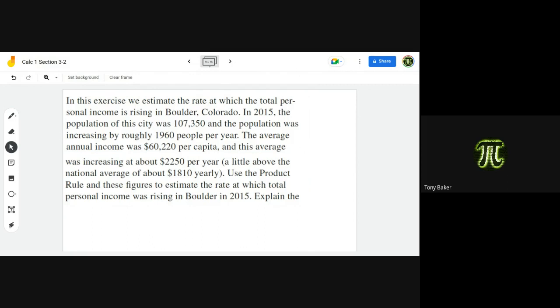So to figure out the total income for Boulder, Colorado, I'd have to multiply their population by their income, correct? So I would do population times income.